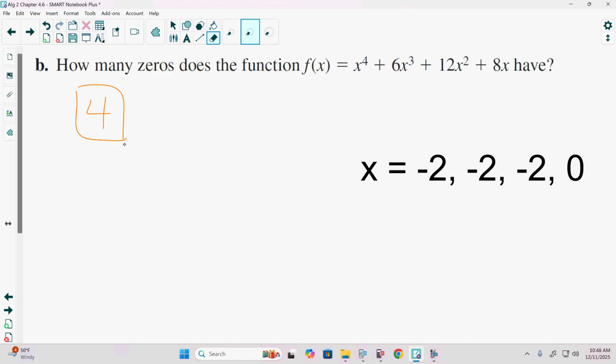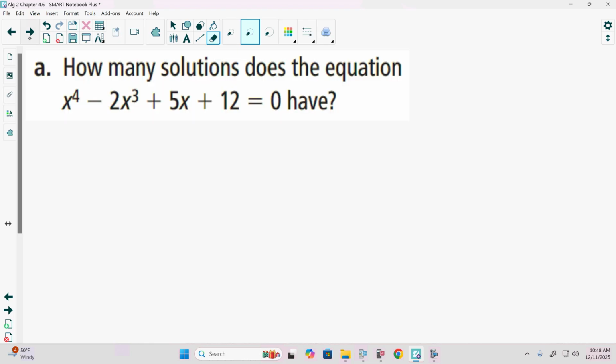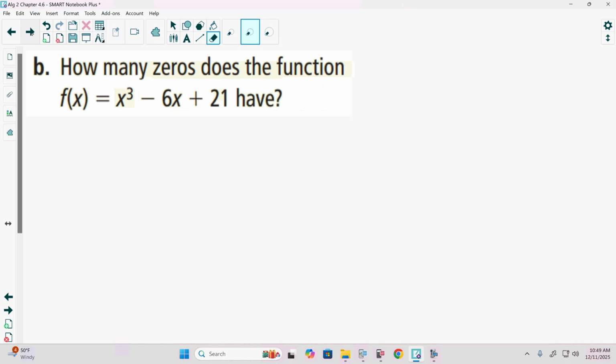It doesn't count as one single solution. How many solutions does this one have? 4, because the degree is 4. How many zeros does this function have? 3.